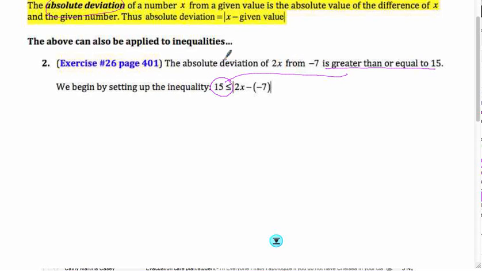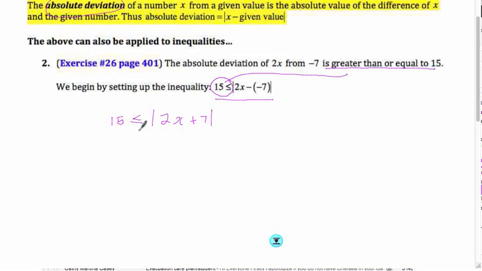Absolute deviation is the absolute value of the difference between 2x and minus 7, and so here we have our expression. I'm just going to clean the expression up a little bit inside the absolute value. That simplifies as 2x plus 7.